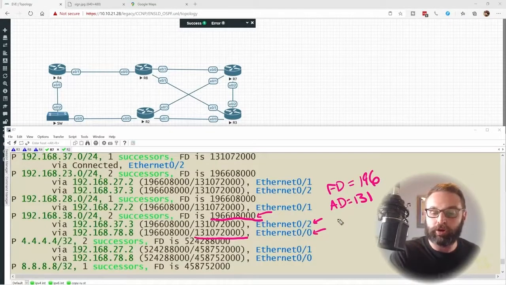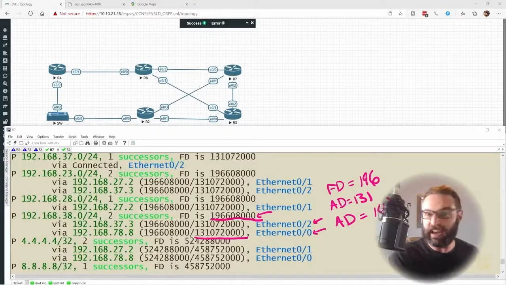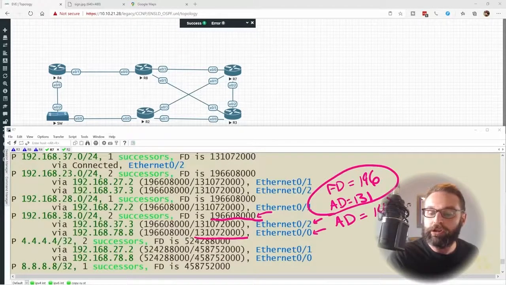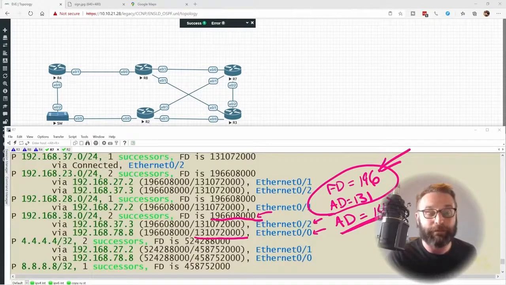If R8 were to turn around and advertise a distance of 140 to us, and all other things are held the same, R3 would still be the preferred route, but we would know that they are sitting closer to the target than we are, so this becomes a valid backup route. And the term for this backup route is called a feasible successor.